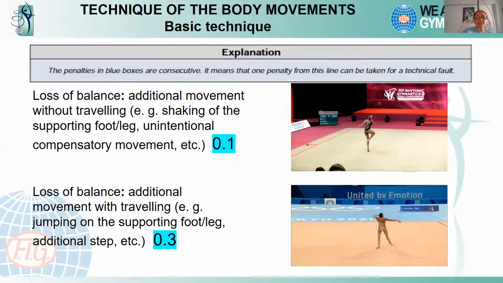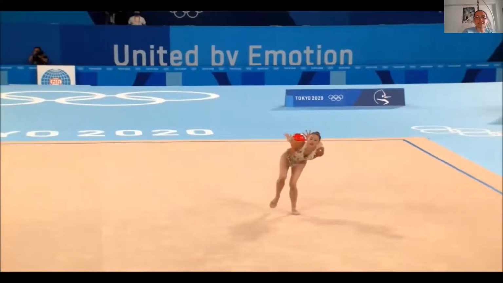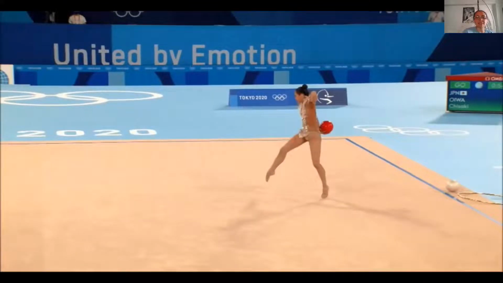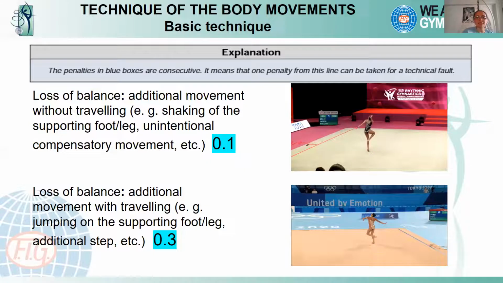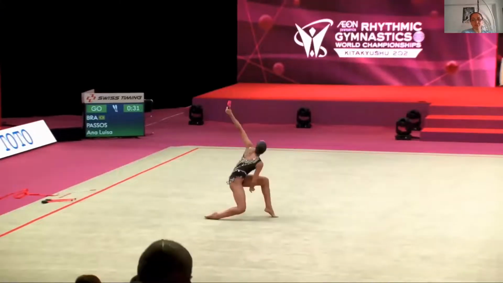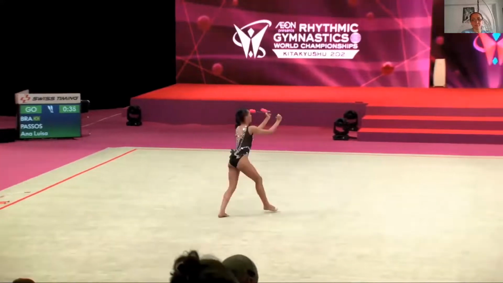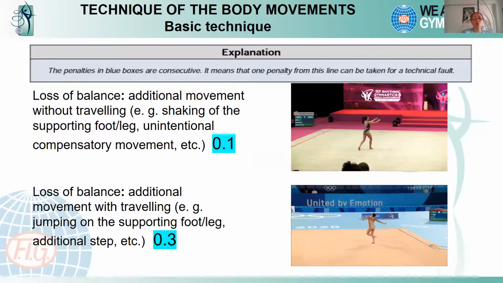Traditional movement without traveling. 0.3, traditional movement with traveling. This is an example. The other one is without traveling. Loss of balance without traveling. Let's check the example again.